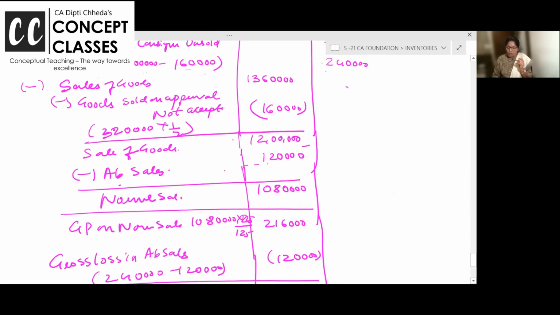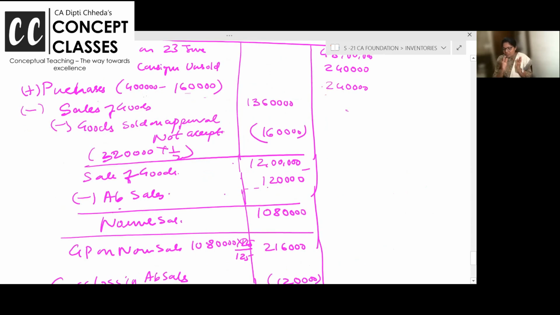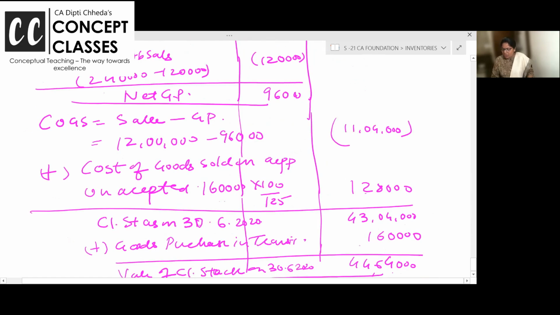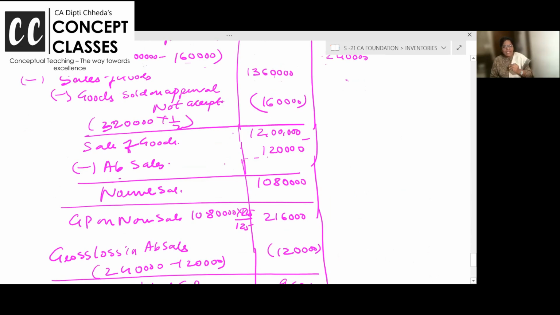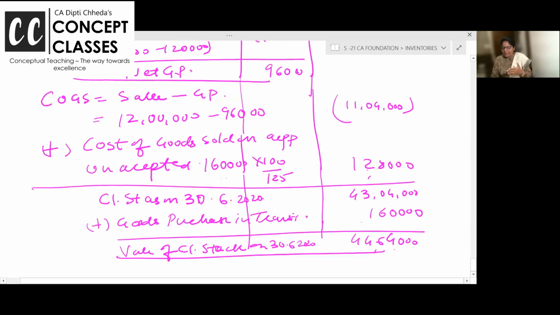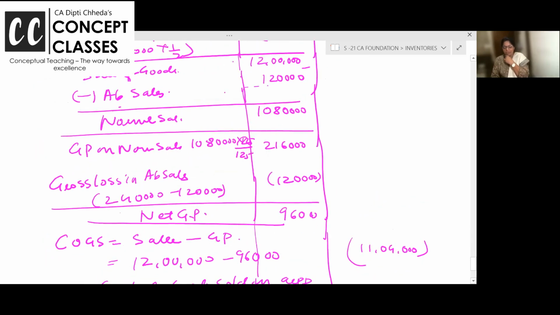Now, some goods which are sold during this period, 1360, out of which goods were not accepted, वो सेल में से माइनस होगा 160 और स्टॉक में ऐड हुआ 128. Is this clear or not? Goods which are sold on approval basis and not accepted, minus from the sale, add it in the stock at cost.